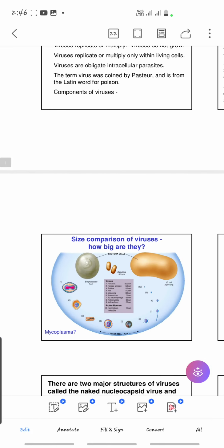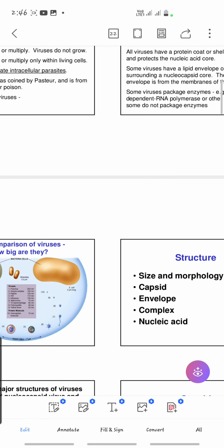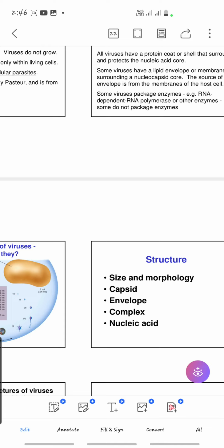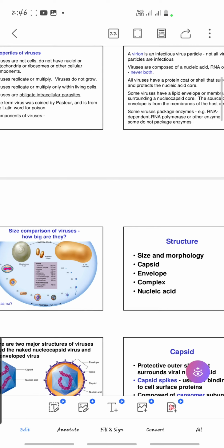Okay? Not only that, of course, if we're talking about viruses, let's now proceed to the other main topic or main goal for this discussion, and that would be the size and morphology of the viruses, and also the protection of the virus, which is the capsid, the envelope, the complex, and the nucleic acid.